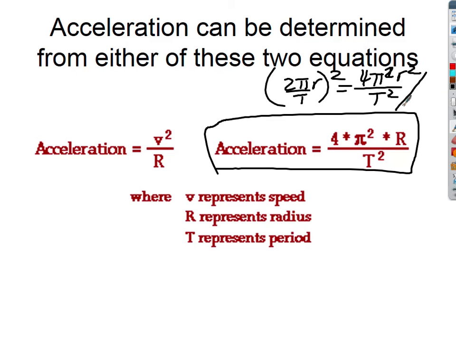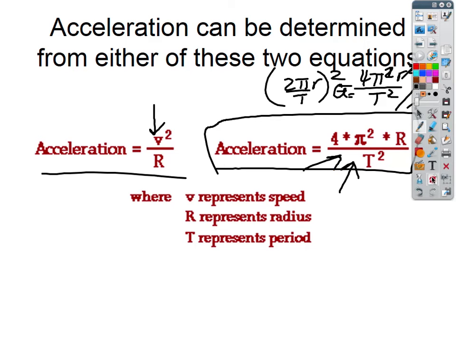The thing is, if I divide by r for acceleration, if I change this to acceleration now, one of the r's cancels out. So these two formulas are identical. I pretty much never use the second formula. I almost always end up solving for v and then plugging it into this v squared over r formula. You are more than allowed to use the second formula if you want. That's all up to you. Okay? Both of them should get you the same answer though.